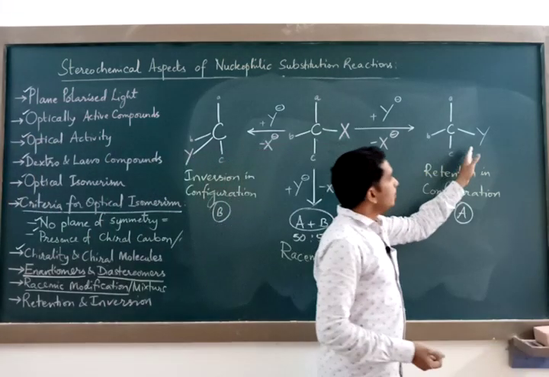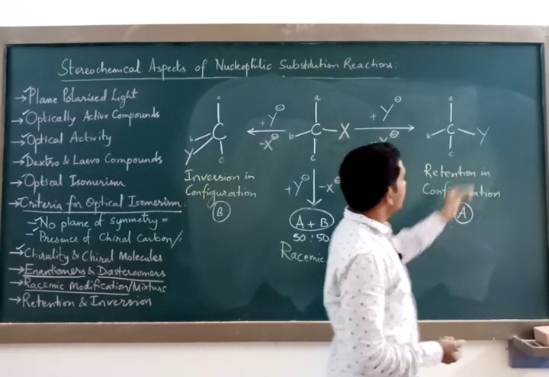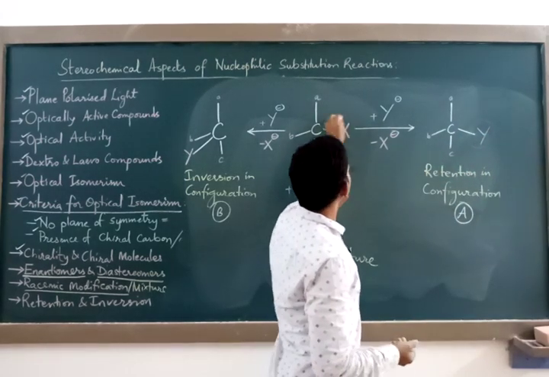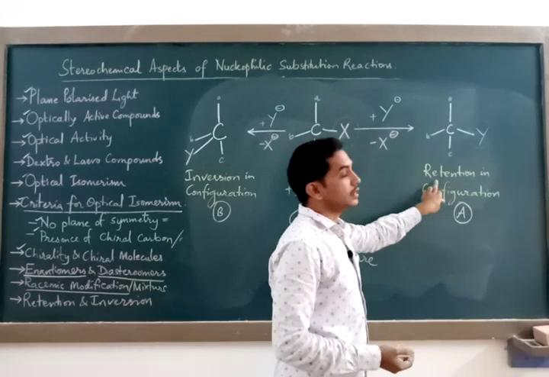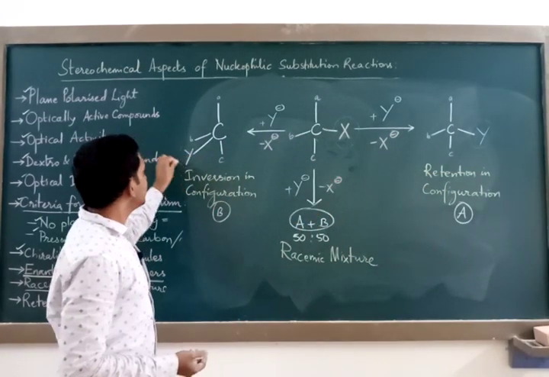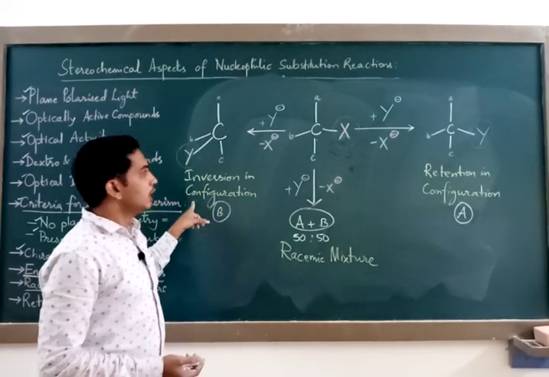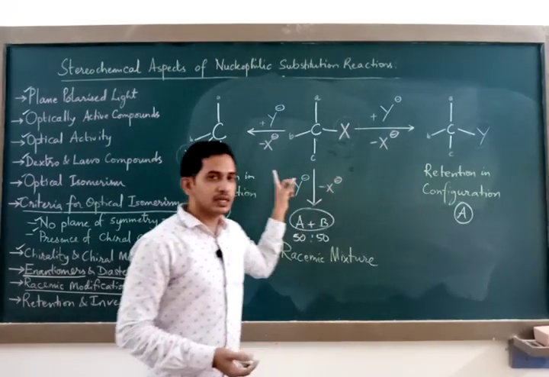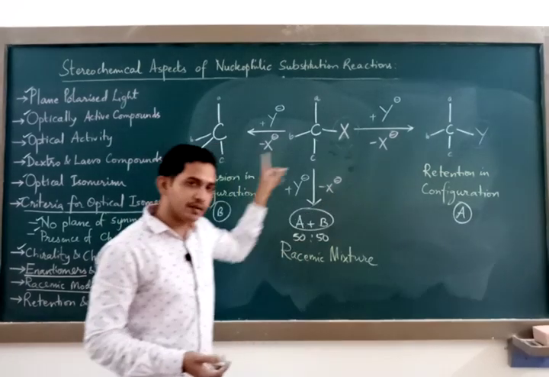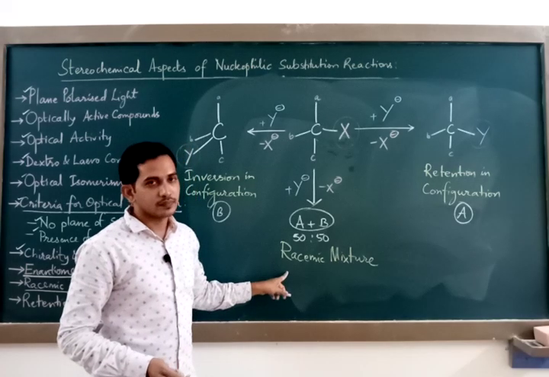If the product formed has the same configuration of groups as that of the reactant, then it is retention in configuration. If the product formed has opposite relative configuration as that of the reactant, then it is inversion. If both the reactions take place simultaneously to give products in 50-50 ratio, one having retention, the other having inversion in equal proportions, then it is a racemic mixture.